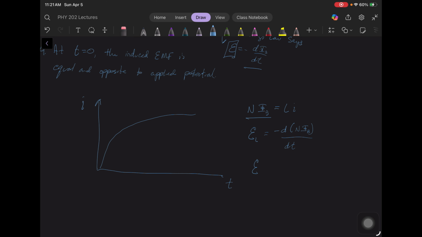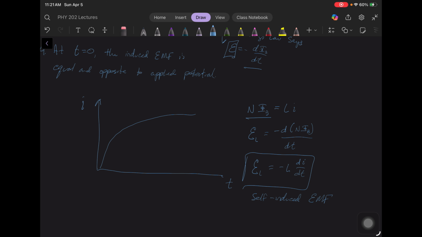And then we get the potential from an inductor, and this is the self-induced EMF.